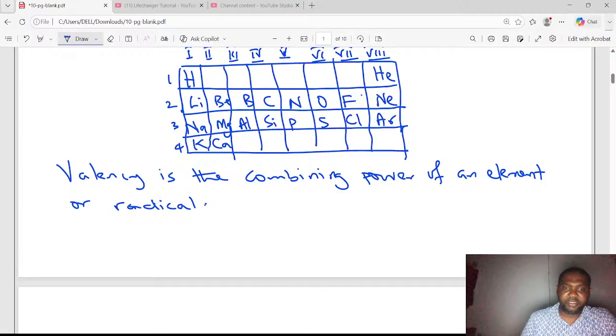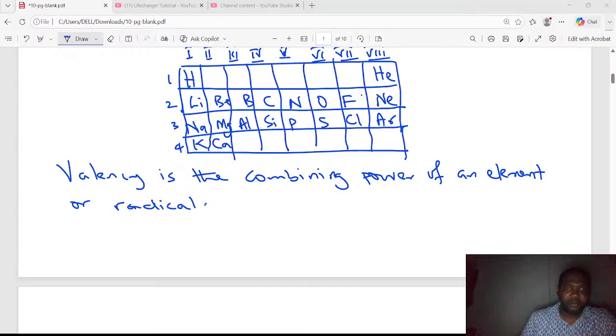So valency is the combining power of an element or radical. That means valency is what determines how an element will combine with another element. Okay, that's what valency does.